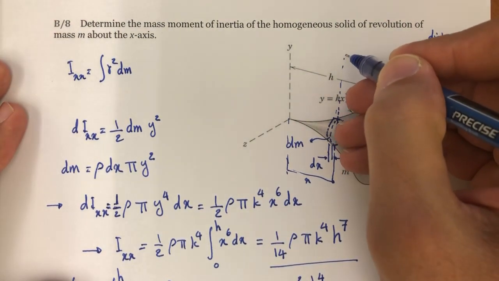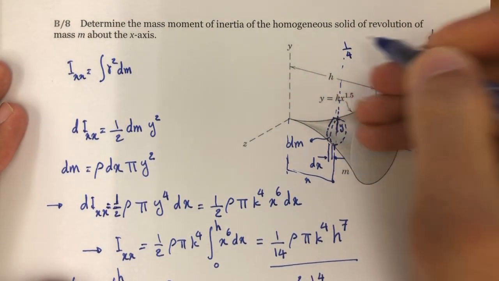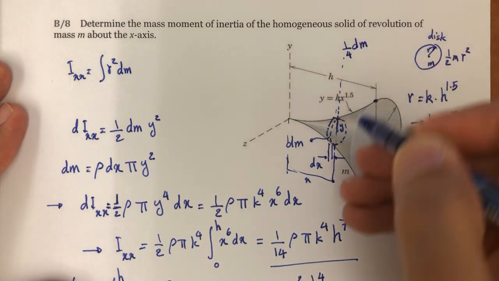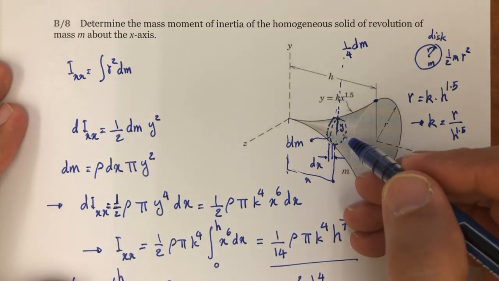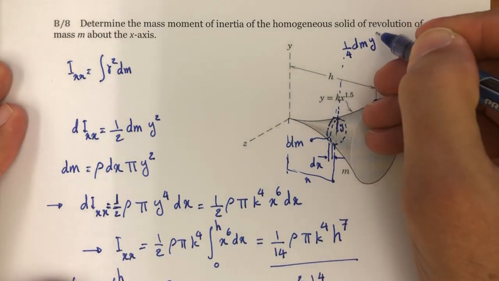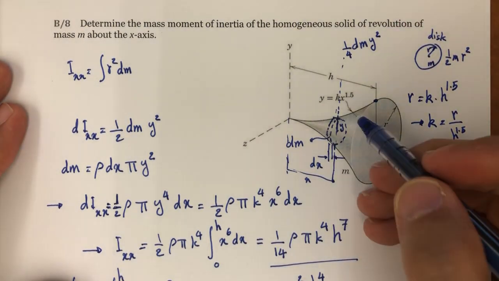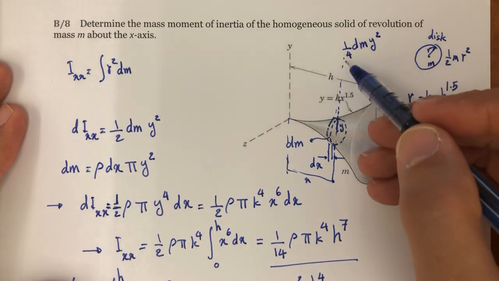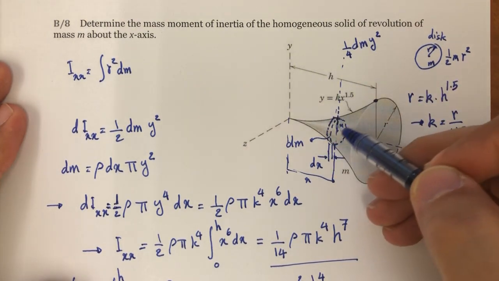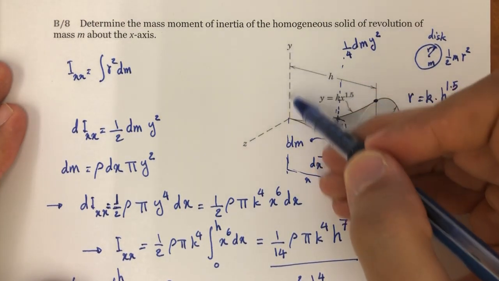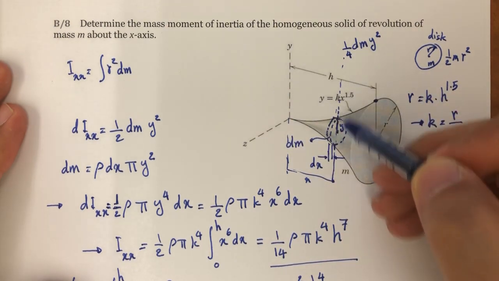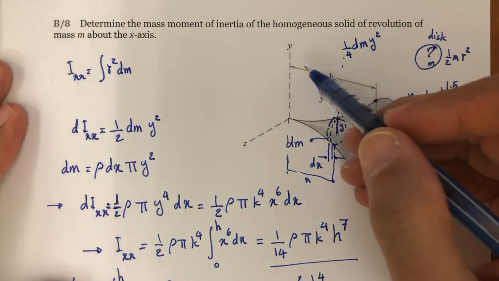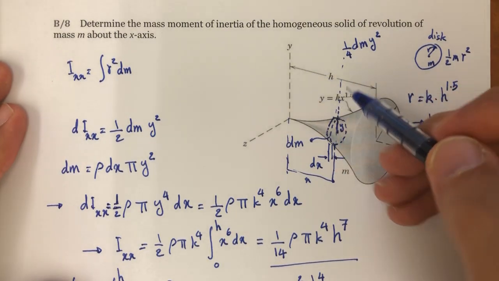So I about this axis is going to be 1/4 times the mass of the element, which is dm, times the radius of it squared, which is y. Using parallel axis theorem, I can find the mass moment of inertia of the same disk about the y-axis. Because this axis is passing through the centroid of the disk, I'm allowed to use the parallel axis theorem.